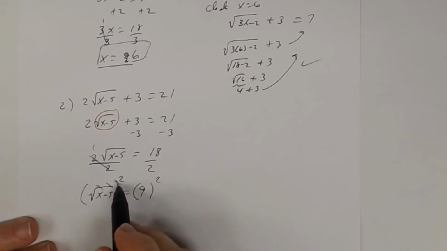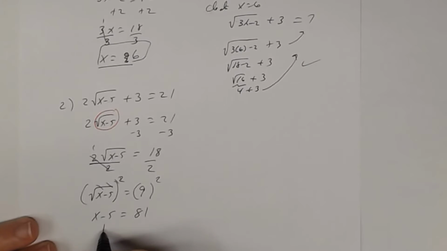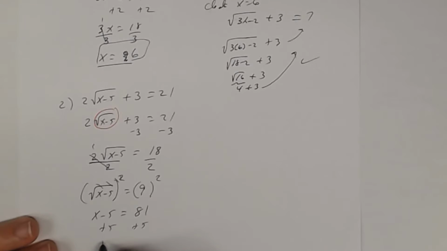The square and the square root undo each other, so I get x minus 5 is equal to 81. To get x by itself, we add 5 to both sides, and so x is 81 plus 5, which is 86.